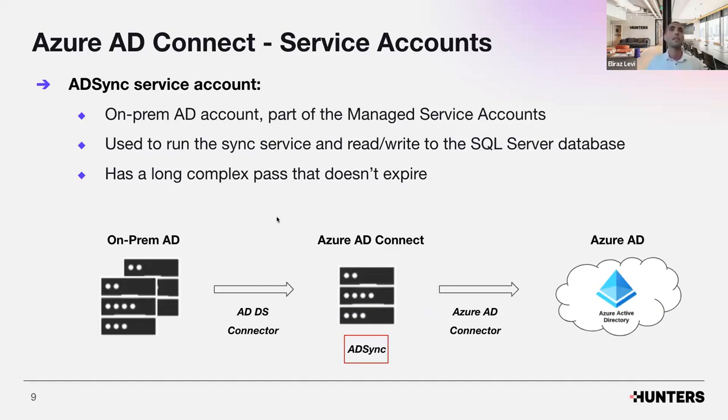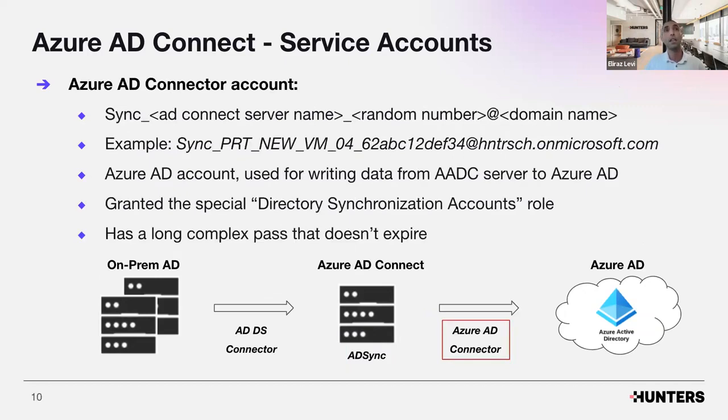The third service account is the Azure AD Connector account. Unlike the previous two service accounts, this account is not an on-prem account, but a cloud account. It has a very unique name pattern, starting with Sync underscore, then the AD Connect server name, and then a random number which represents the installation identifier of the environment.